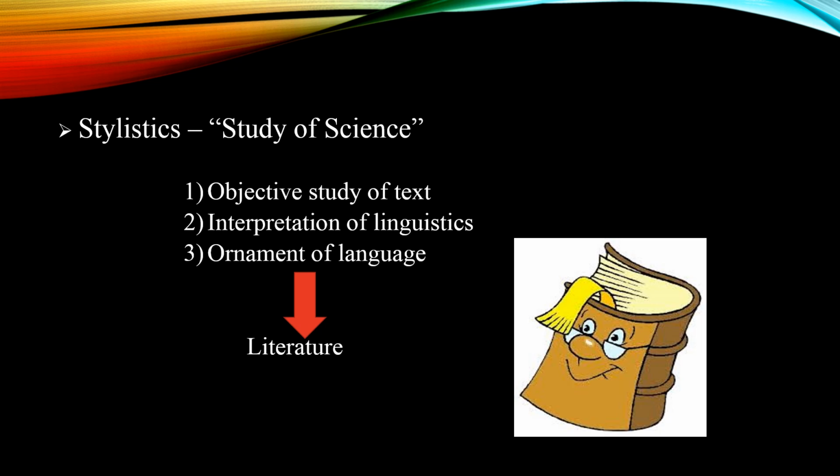The general definition of stylistics is the study of style. It takes a study of a text from literature of any genre like novel, poetry, prose or drama, even a one-act play or a prose. We are going to do an interpretation of linguistics in the literary text, and stylistics has been called an ornament of language.